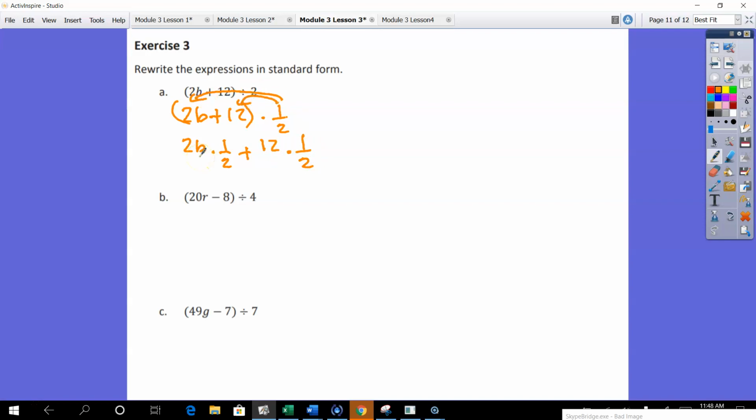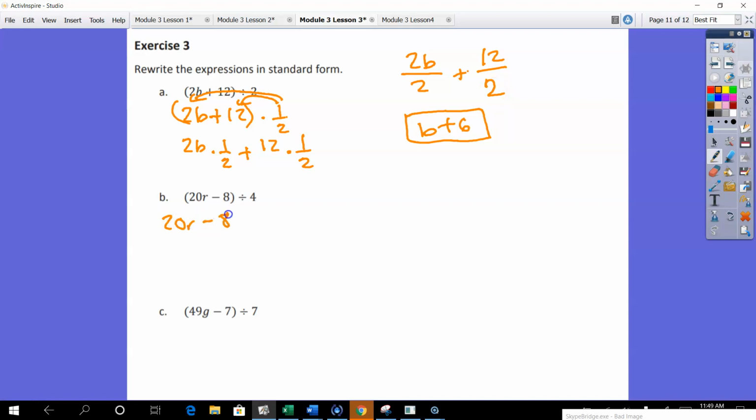So 2b times half is going to be 2b over 2, plus 12 over 2, which gives me b plus 6. 2 divided by 2 is 1. 12 divided by 2 is 6.